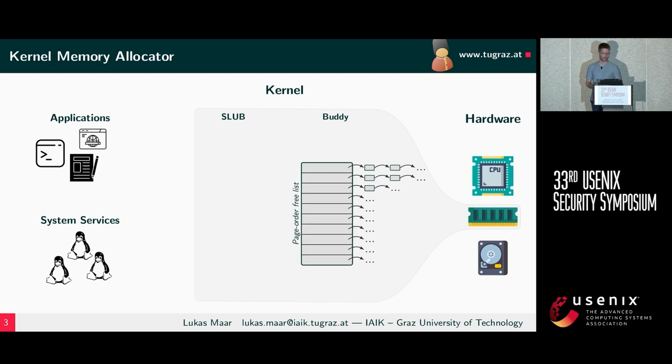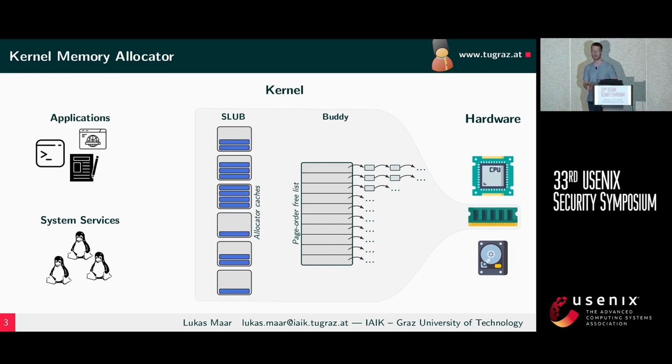Simplified, the buddy allocator is a page order free list, where each free list has page order memory chunks. On top of the buddy allocator sits the slub allocator, which provides allocation caches with more fine-grained allocation sizes.